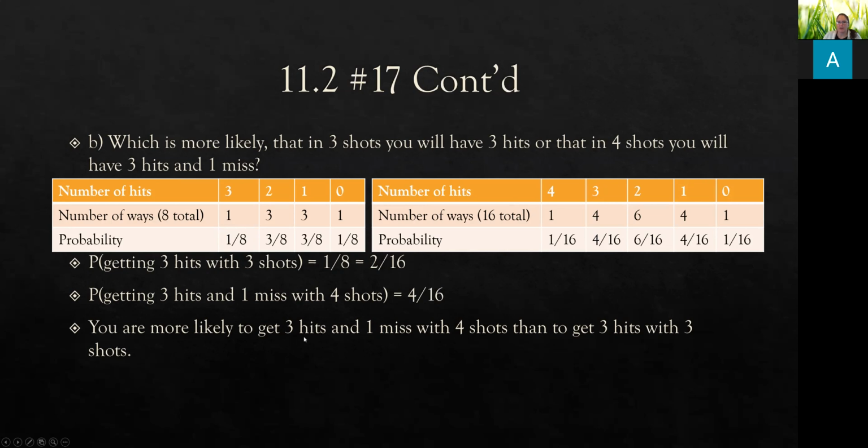You're more likely to get 3 hits and 1 miss with 4 shots than to get 3 hits with 3 shots, right? So basically when you have that 4th shot, you're giving yourself a chance to miss 1 shot, but still end up with 3 hits total. Any questions on anything so far?